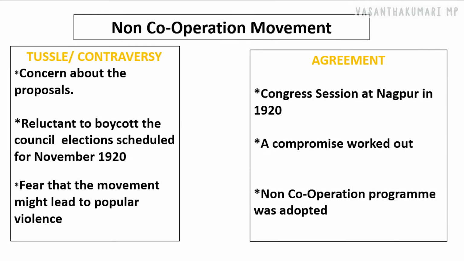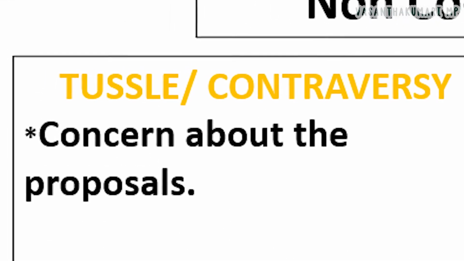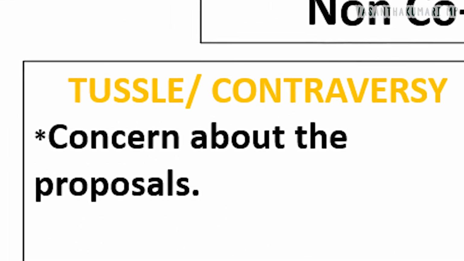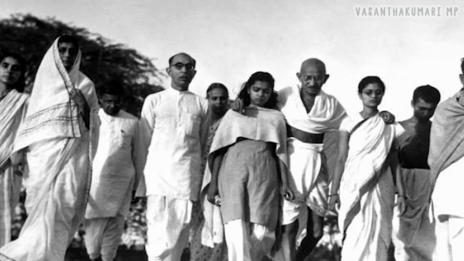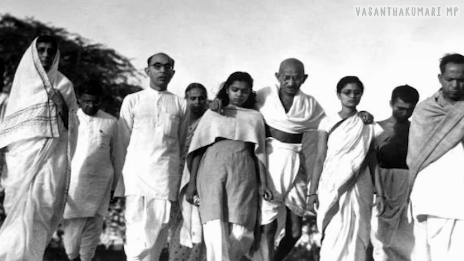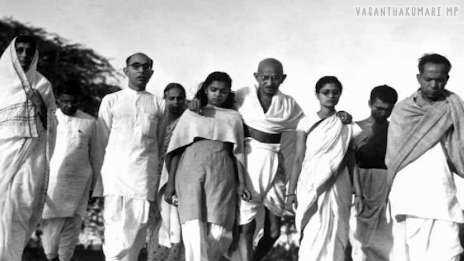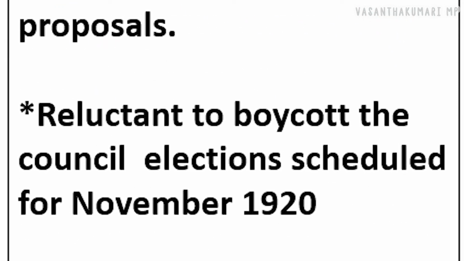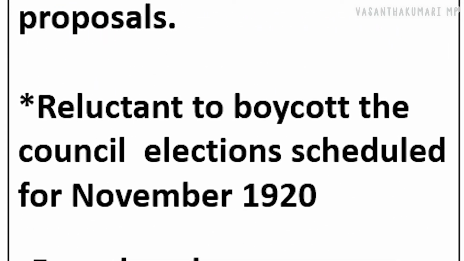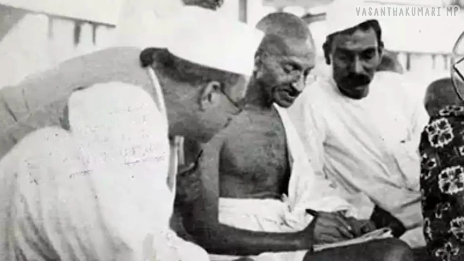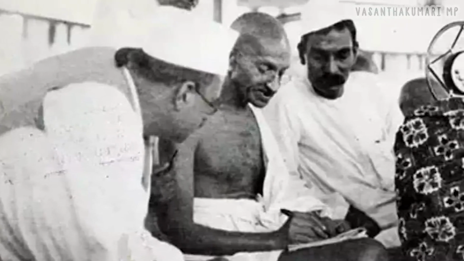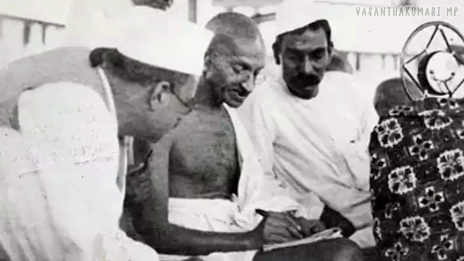The main tussle, or difficulty, or opinion difference, was mainly because some of the leaders had concerns about the proposals suggested by Gandhiji regarding the unfurling of the non-cooperation movement. Some of them were not ready to accept the boycott of legislature. They were reluctant to boycott the council elections, which were scheduled for November 1920. There was a fear that the movement might lead to popular violence. All these were areas of concern.